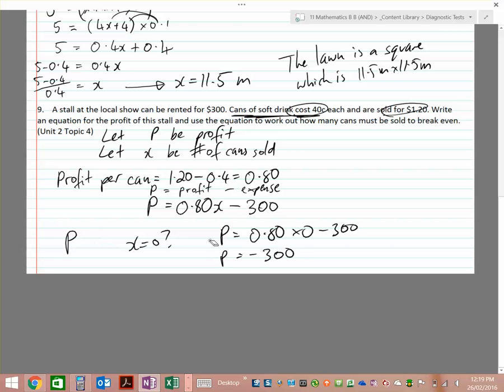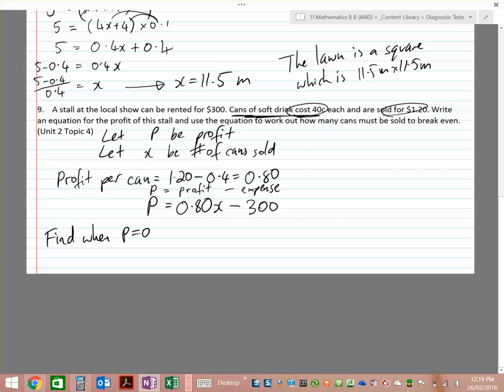What we want to find is when the profit is nothing, which is what break even means. When you make absolutely no profit, which is not good, but it's better than making negative profit and losing money. So I'll substitute 0 in here. And this is really a grade 1 or grade 2 equation to solve.